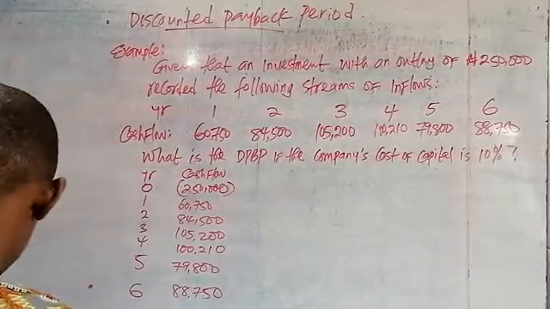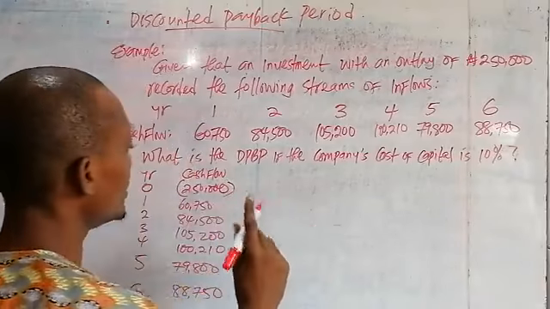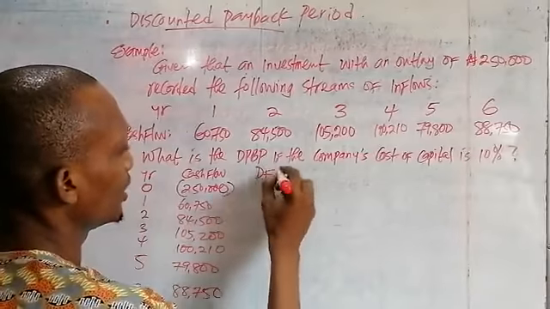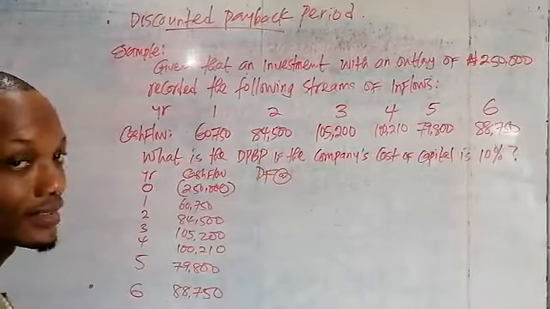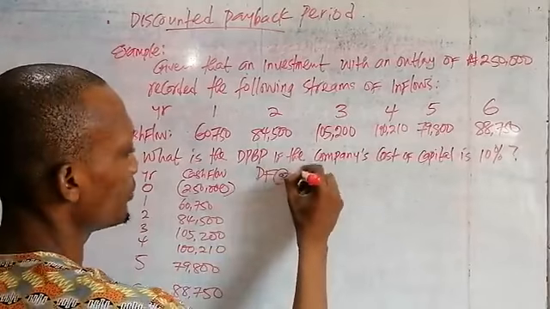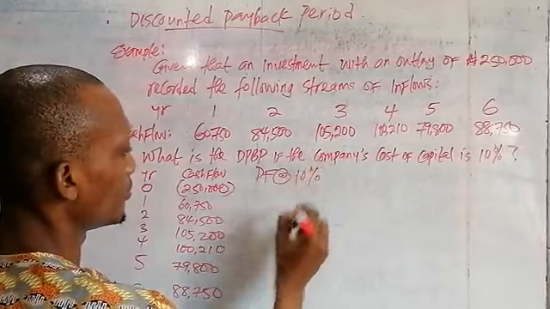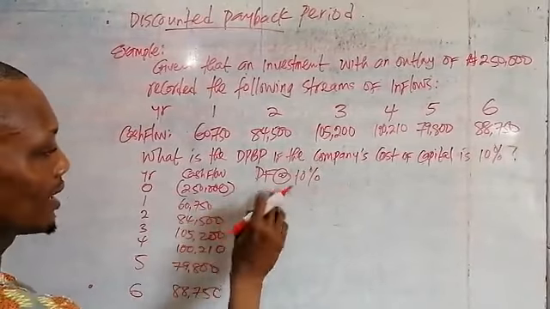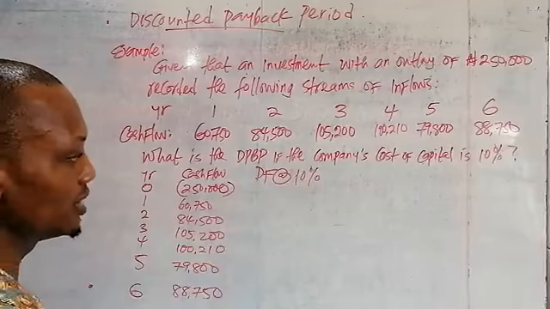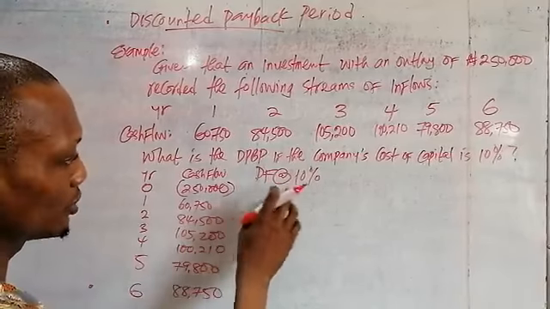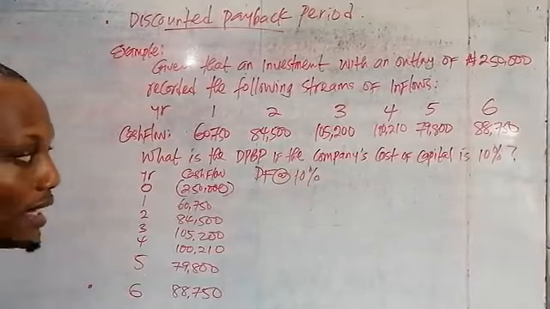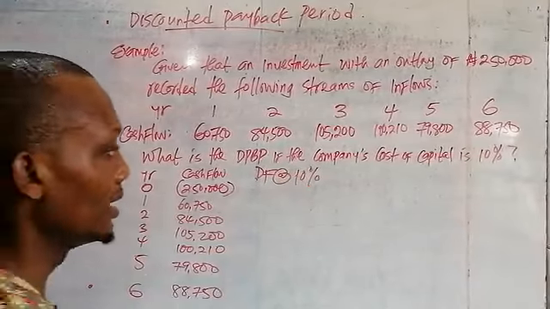Having done that, we now introduce the discount factor. The discount rate given to us is 10%. We discount using the formula we gave earlier, which is (1 plus r) raised to the power minus n.